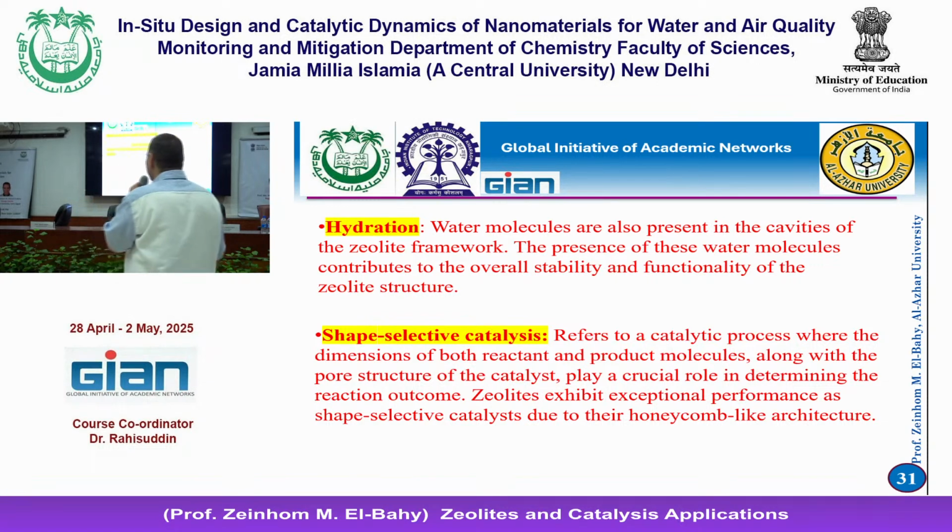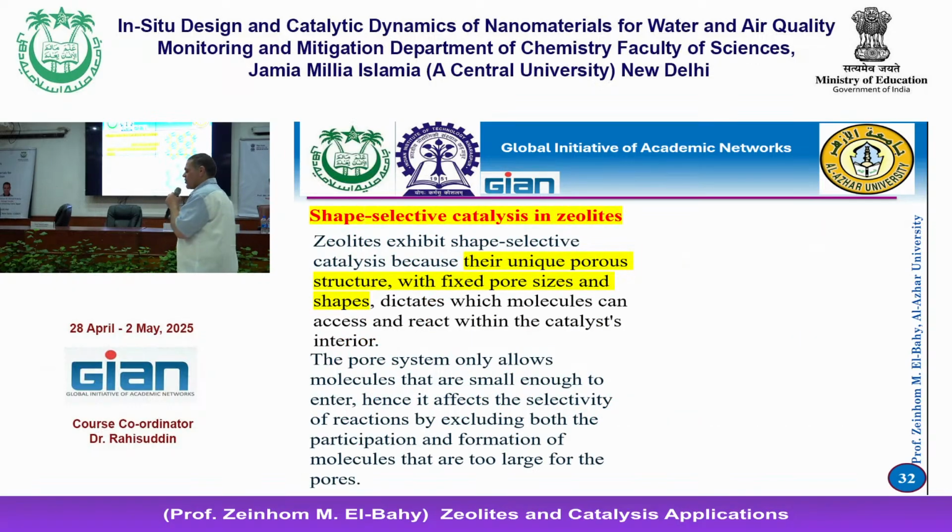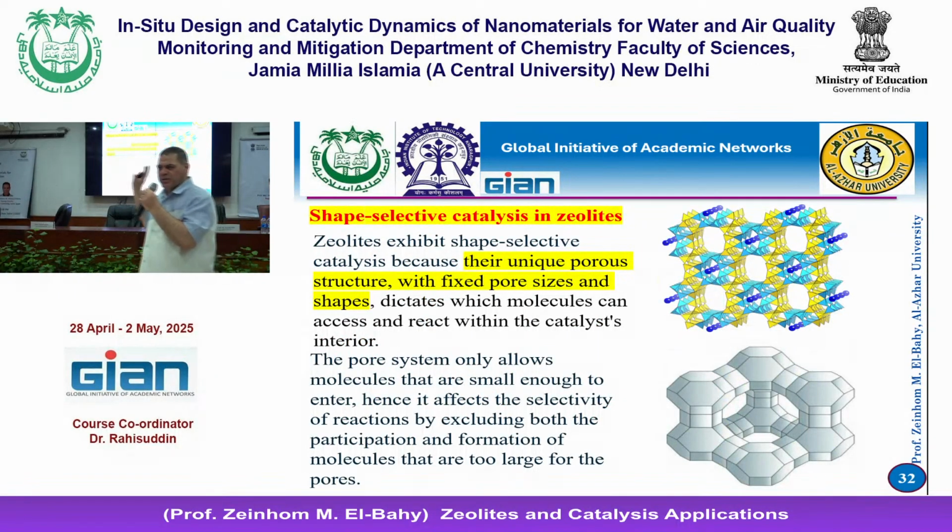Let me explain what shape selective catalysis of zeolites is. Zeolites have these channels or cages or whatever, and they have a unique porous structure with fixed pore size and shape. It's very important.